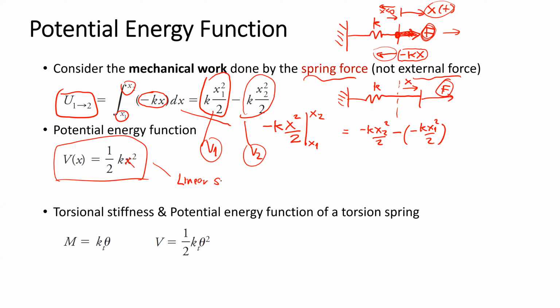If we talk about torsion spring, we have the moment. For the linear spring, we have F equal to K X. Actually, X should be the delta X, but we always set X0 equal to 0 at the unstretched length of the spring.